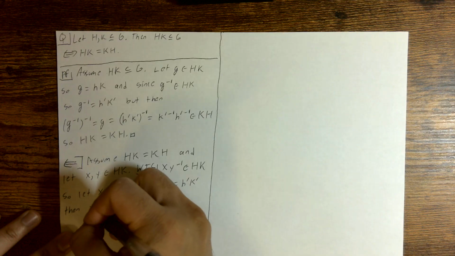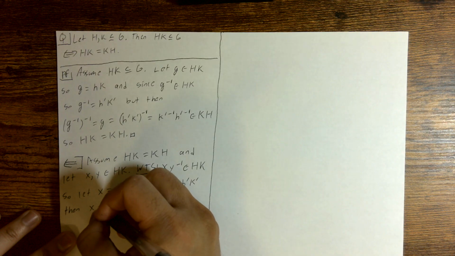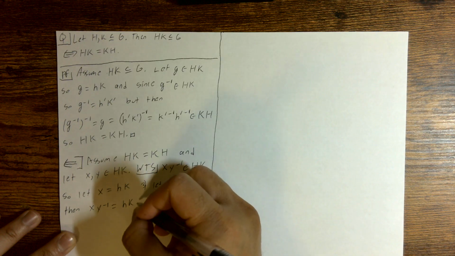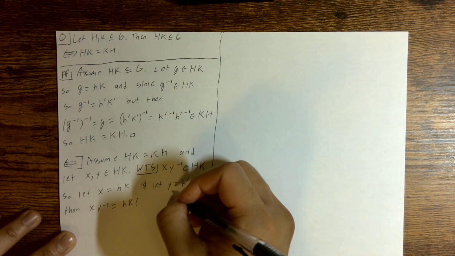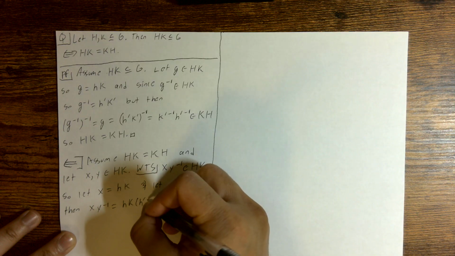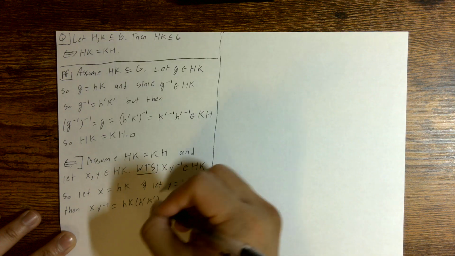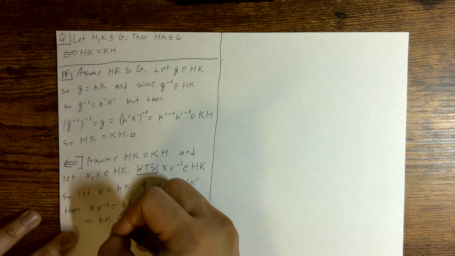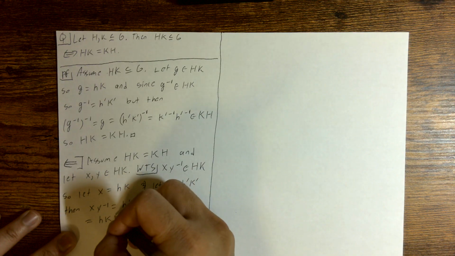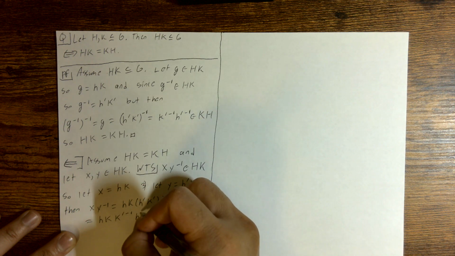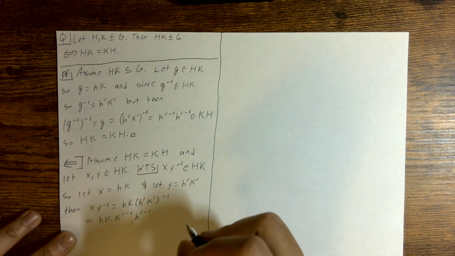Then x y inverse is equal to hk h prime k prime inverse, which is then equal to hk k prime inverse h prime inverse.